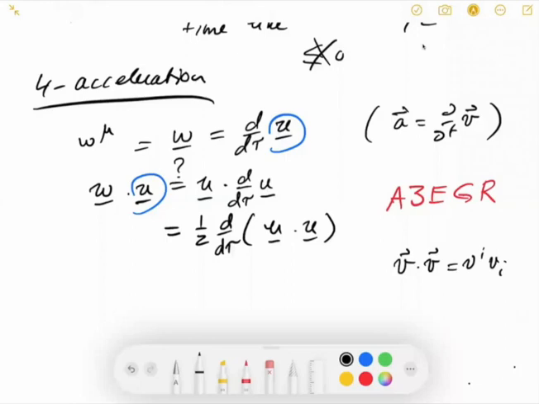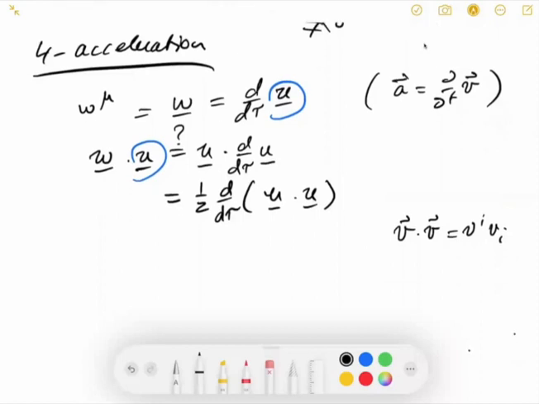Okay. Well, this surprised some of you, which I understand. It's not too complicated. You just put in that W, the 4-vector W is the derivative of U with respect to τ.